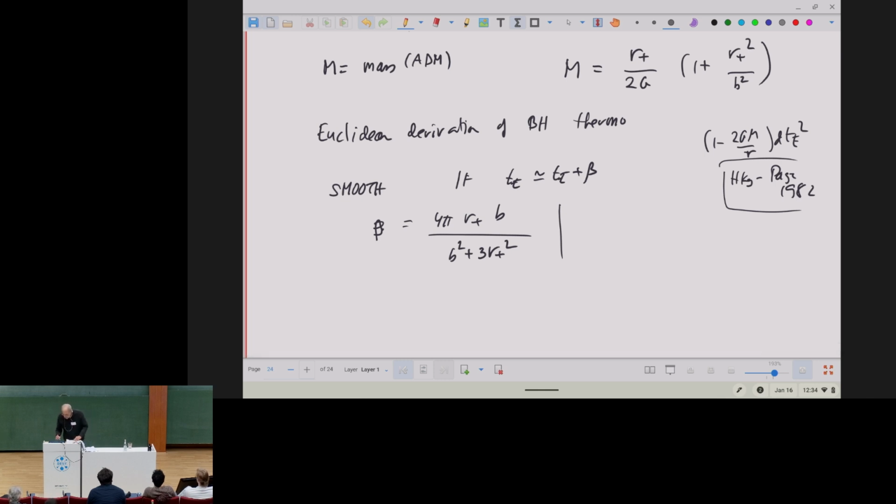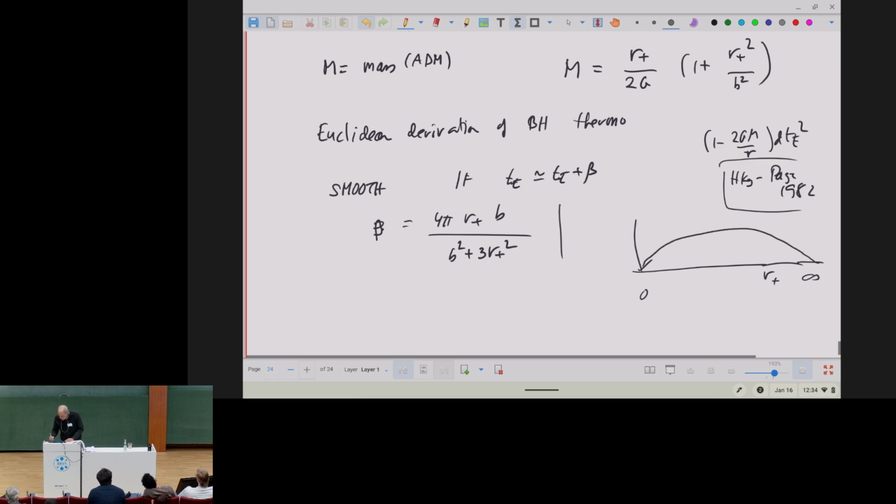But the important qualitative property is that as r plus goes from 0 to infinity, beta is 0 when r plus is 0 and also 0 at infinity. So there's a maximum value of beta. So if beta is too big, there's no black hole.